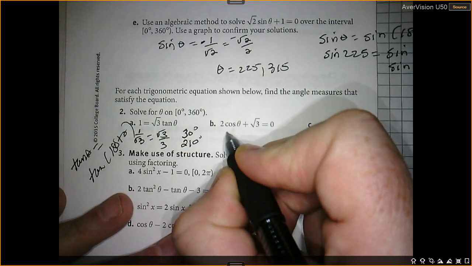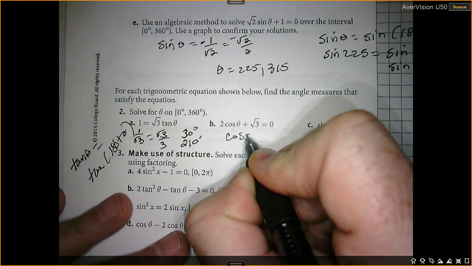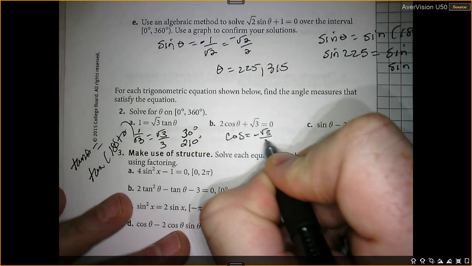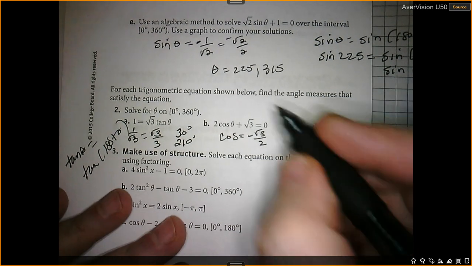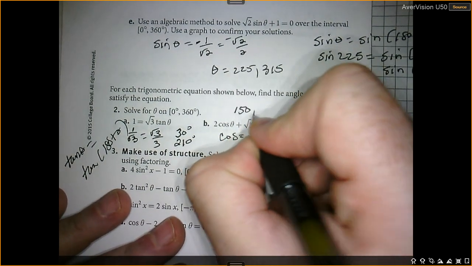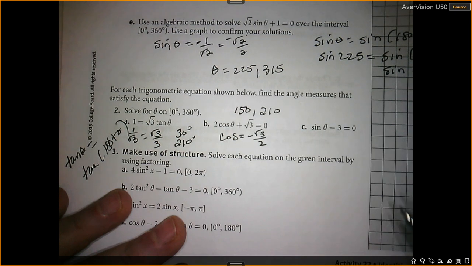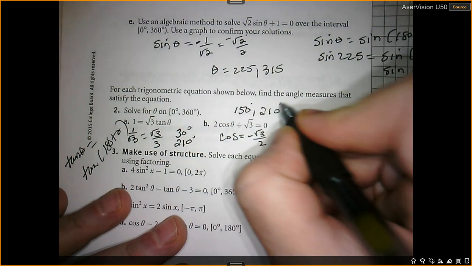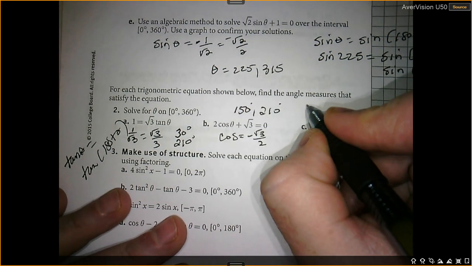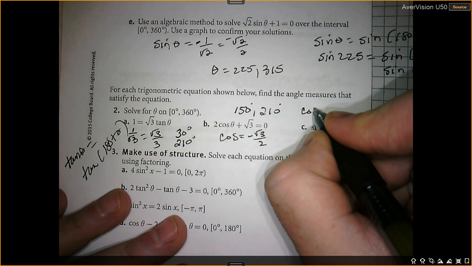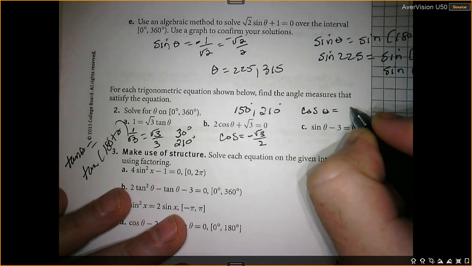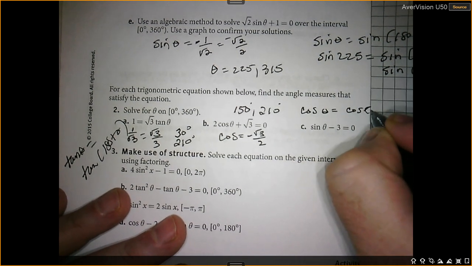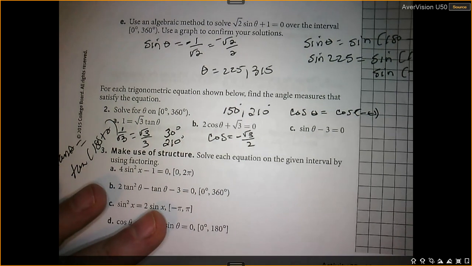This one was cosine equals negative square root of 3 over 2. Where does that exist? That exists at 150 and 210, if you look at the unit circle, right? Well, if you use the identity we learned, cosine theta is the same thing as cosine of negative theta. That's what we learned in yesterday's notes.